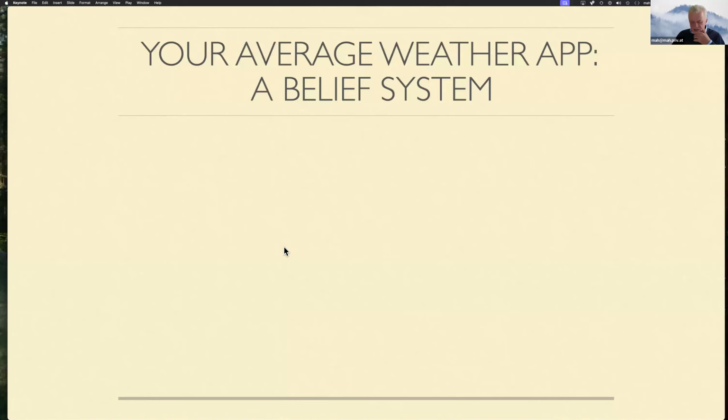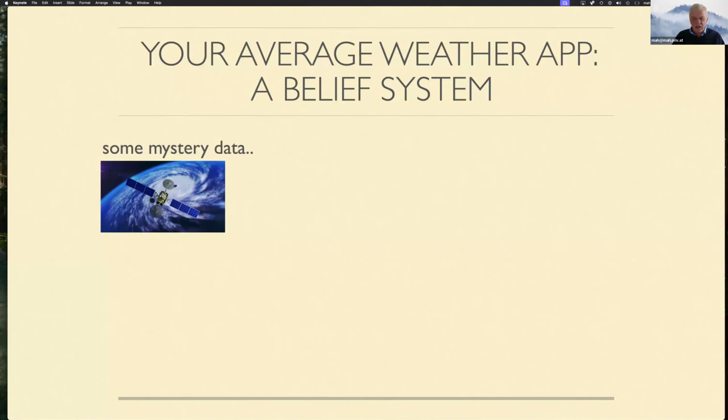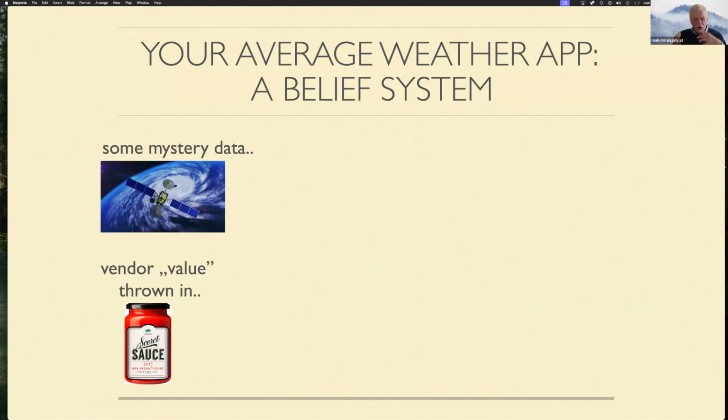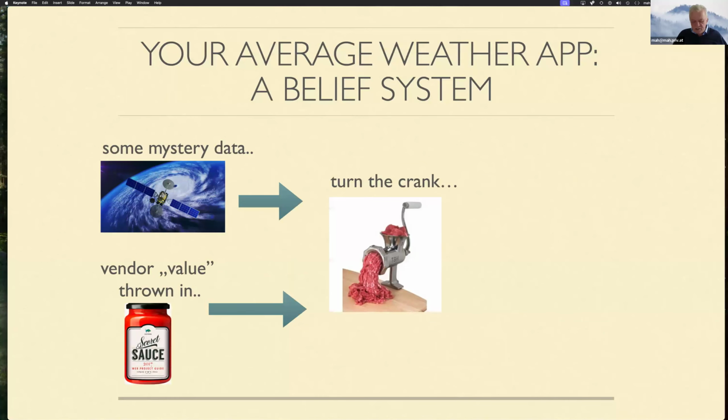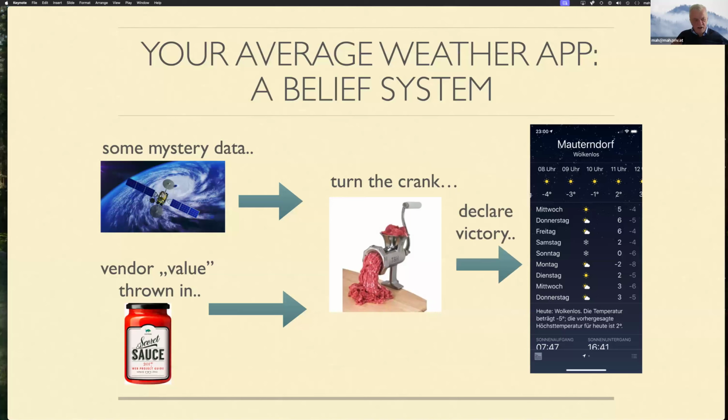Just to compare that with a standard application like weather.com or the like, what they typically do, they take some mystery data, they throw in some vendor value, which is not quite well defined, kind of a secret sauce. They turn the crank on a meat grinder, and out comes a forecast, and that says, okay, that's going to be the weather at that very location.